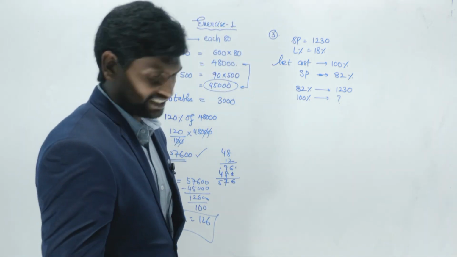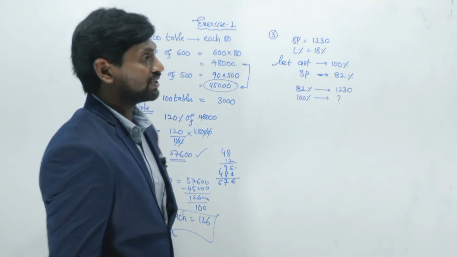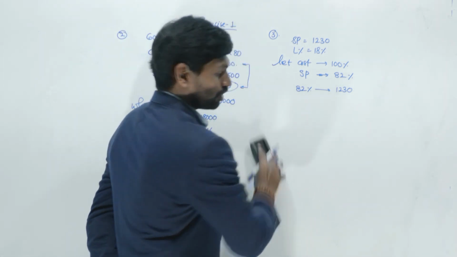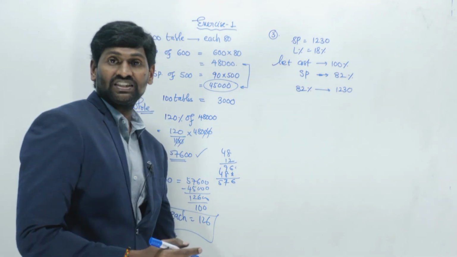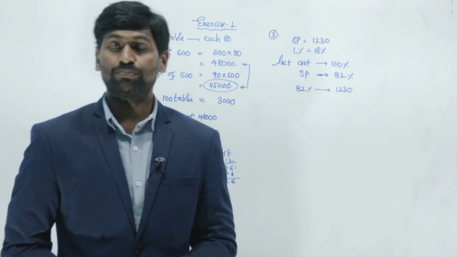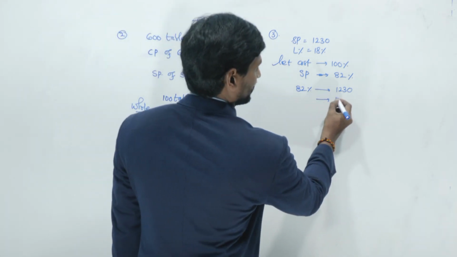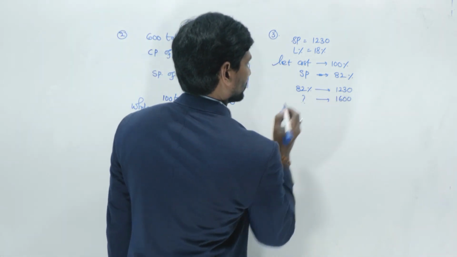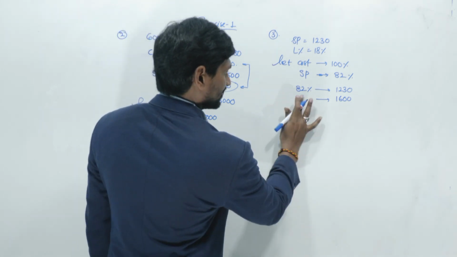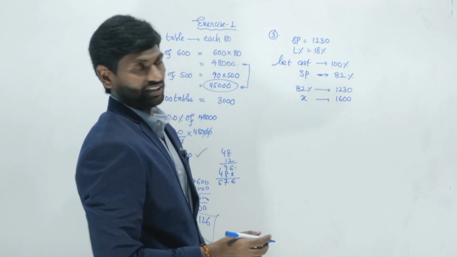Or directly, 1600 is given, no? The selling price is 1600, how much percentage will you get? If the answer is more than 100%, we get a profit; less than 100%, we get a loss. For 1600, how much percentage? So let us take this as the x value.